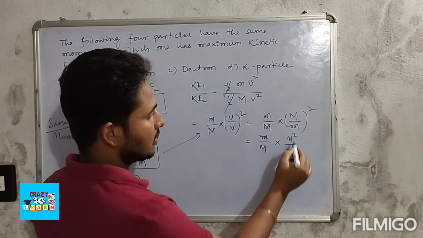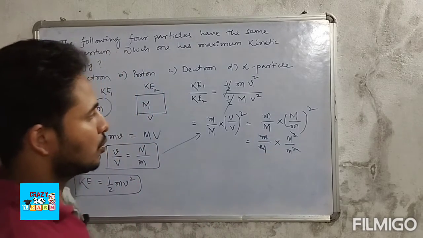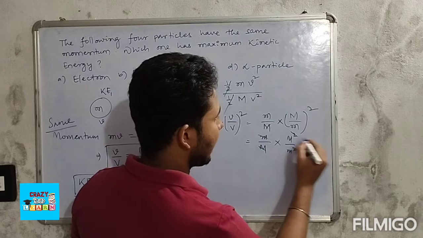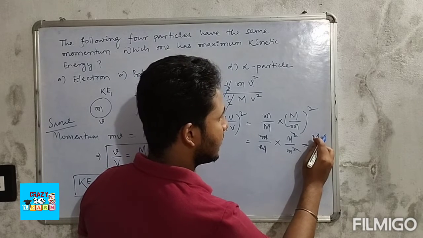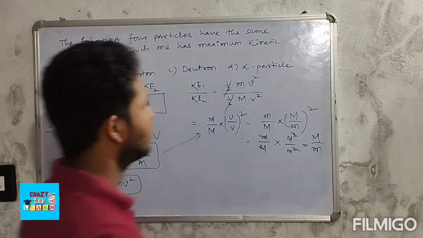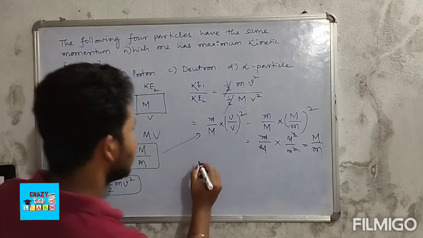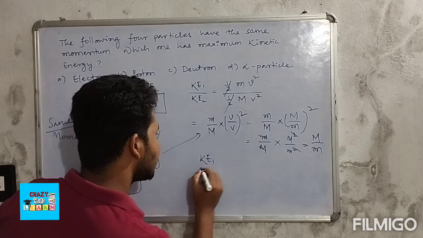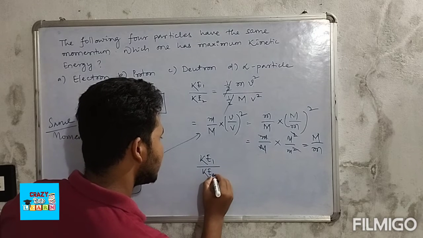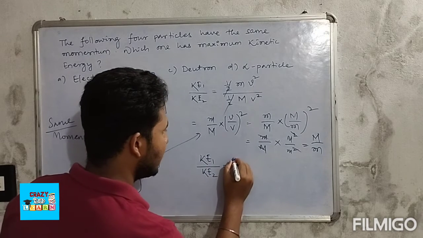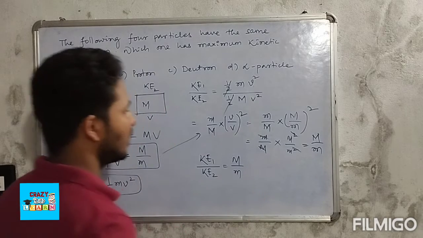Cancel, cancel. So what are we getting here? Capital M divided by small m. So finally, what is the conclusion we have drawn here? Now the kinetic energy of the first object divided by the kinetic energy of the second object is equal to capital M by small m.